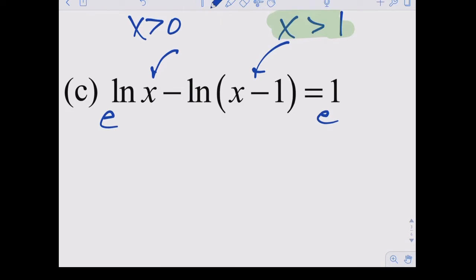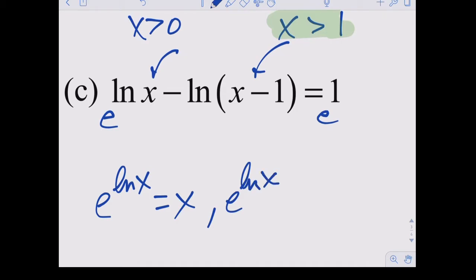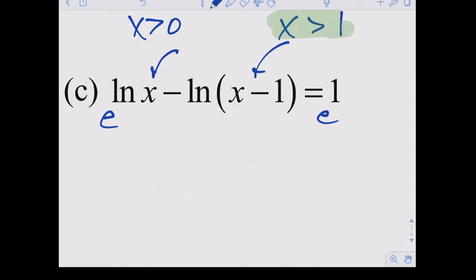I know that e to the natural log of blob is just a blob, but what's e to the natural log of blob plus blob? I'm not sure if I like that. Distribute the ln? You can make it one ln of x by using that rule. It would be ln of x divided by x. Yeah, I would not e it yet. That's not a bad thing to do.